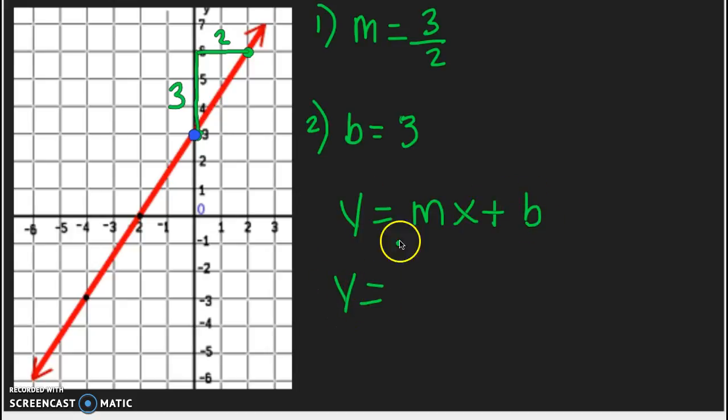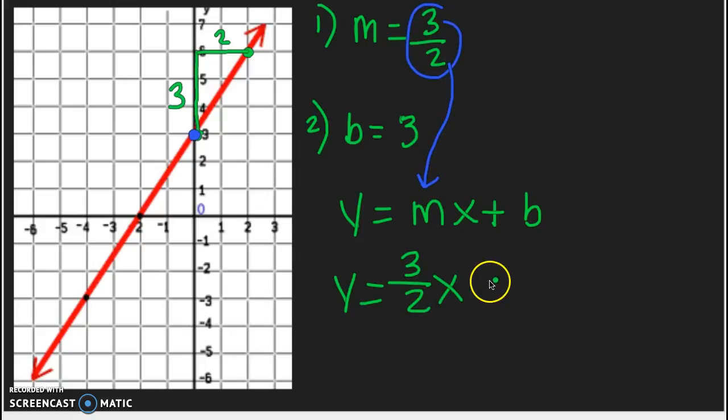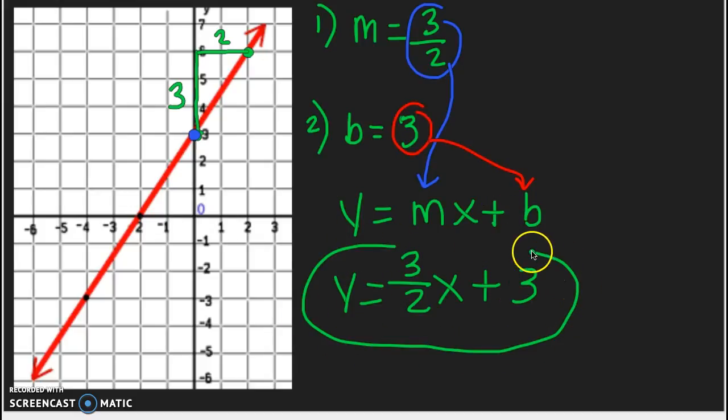So y equals m. Well, m I found to be 3 over 2. So I'm just going to take this and put it right there. x plus, and then b, I'm going to take that 3 and put it where the b is. So my equation is y equals 3 halves x plus 3. And that's it. That's all there is to it.